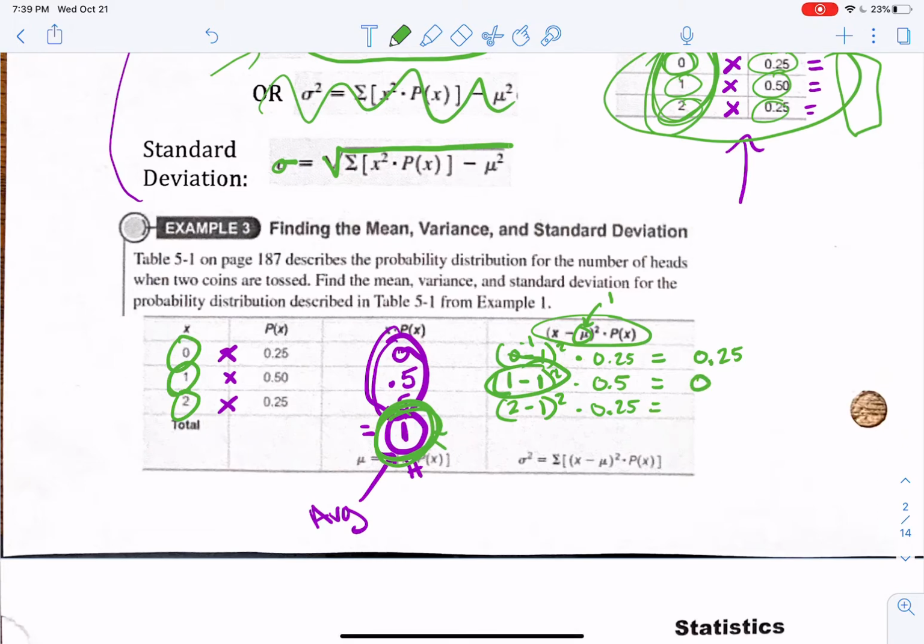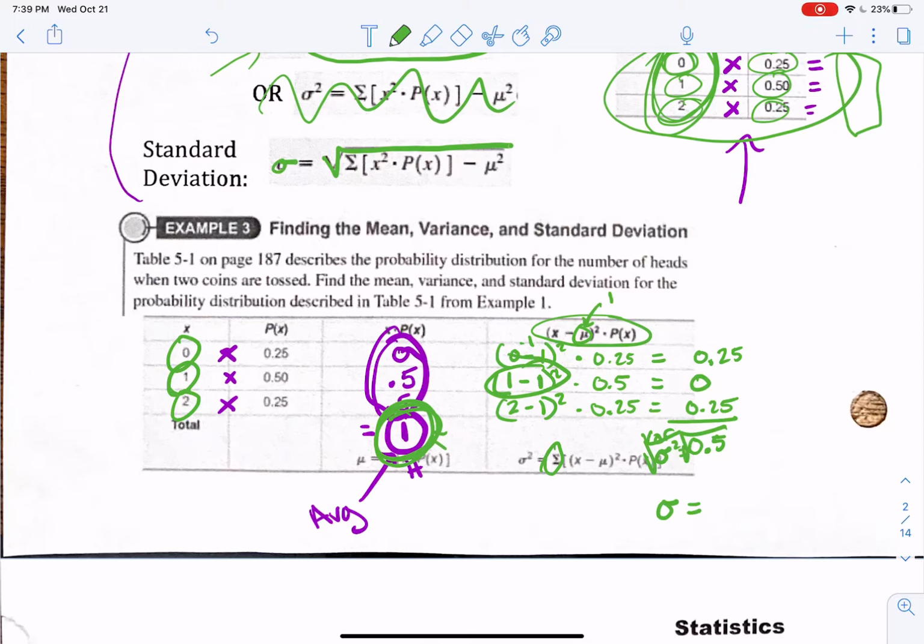And the last one, 2 minus 1 is 1, squared is 1, times 0.25 is 0.25. Then I do the sum of those, which is 0.5. So my variance, sigma squared, is 0.5. To find sigma, I take the square root of 0.5.